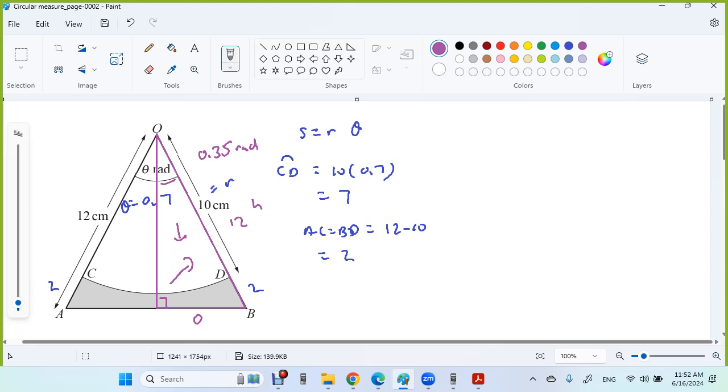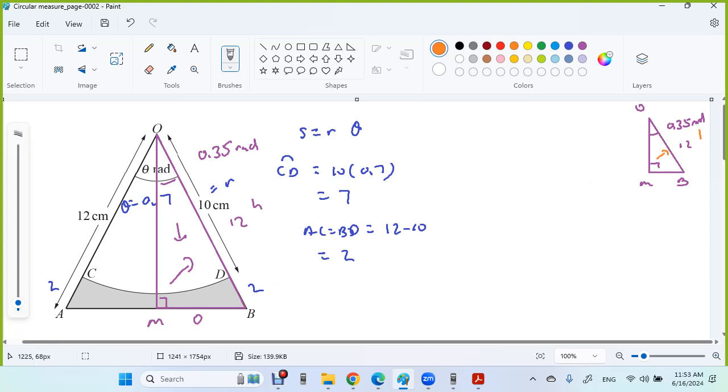Okay, so a smaller version of this will be something like this. This is the 0.35 radian. So this is 12, and then this is MB. So I have an M here.